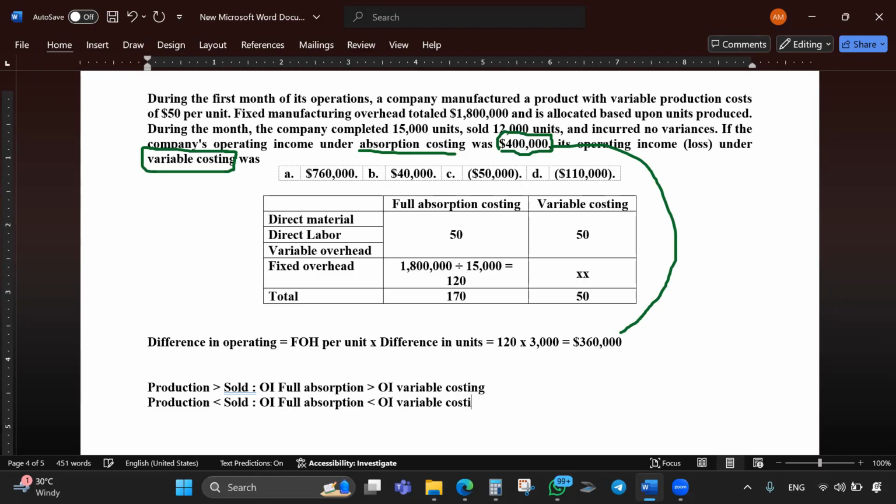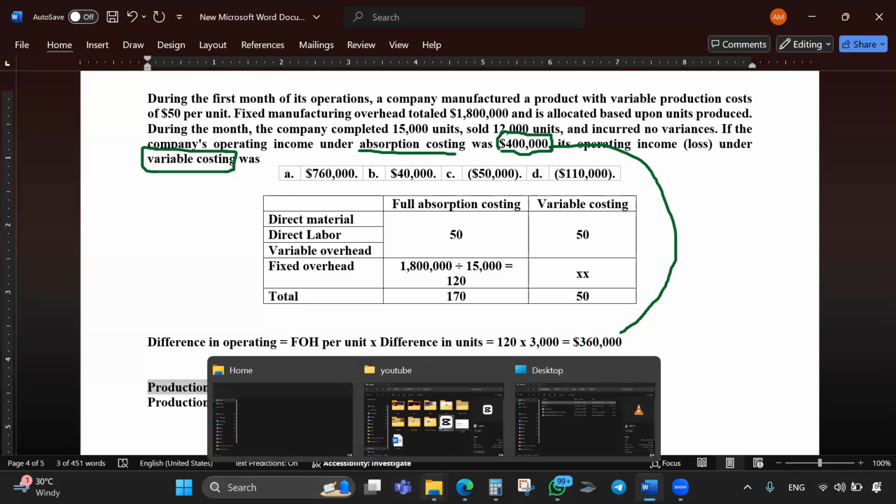And of course, they are both the same if the units produced are equal to the units sold.